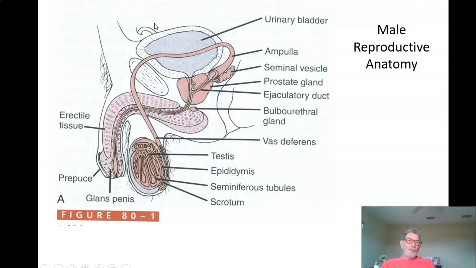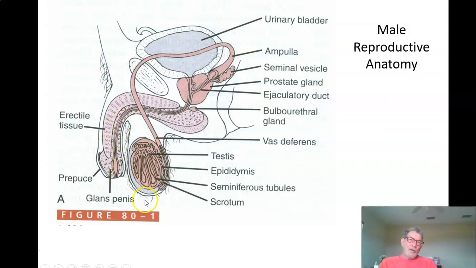If you develop as a male embryo, that testicle will drop down through a hole in your muscle wall down here called the inguinal canal, which is a place that for the rest of a male's life is a likely spot of an inguinal hernia.